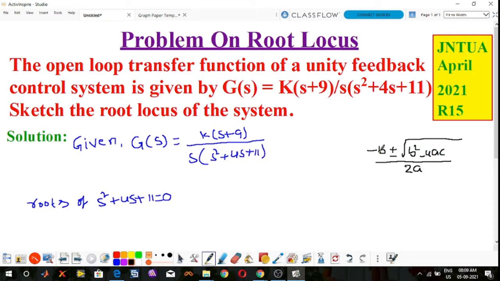Using this equation, we calculate the characteristic roots of the denominator polynomial.